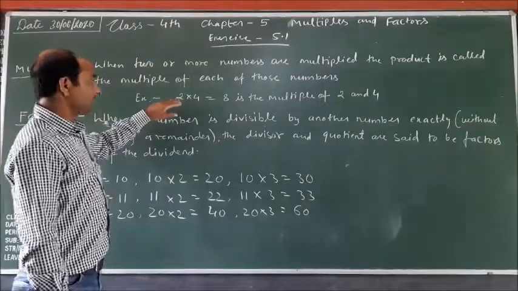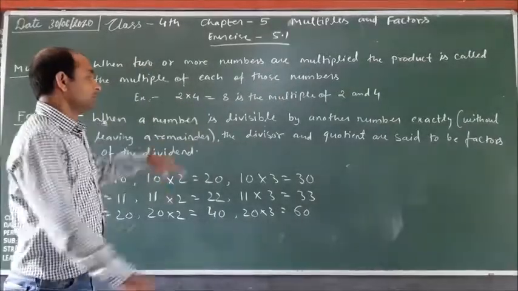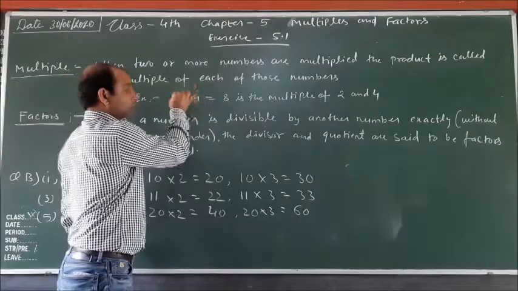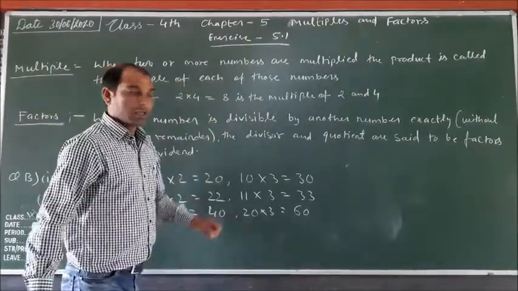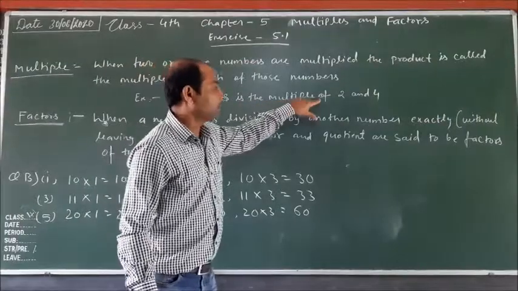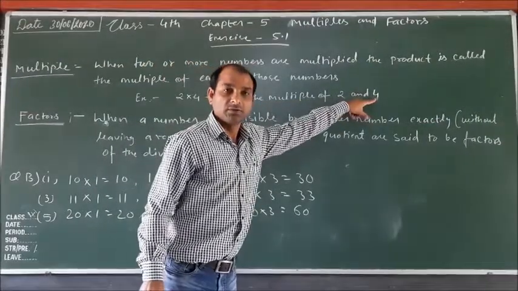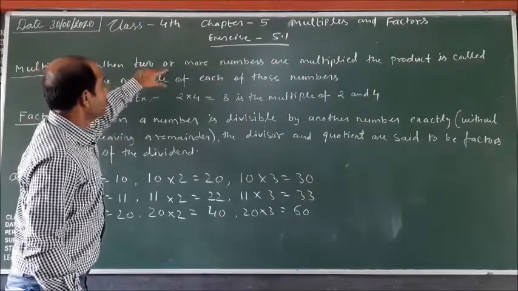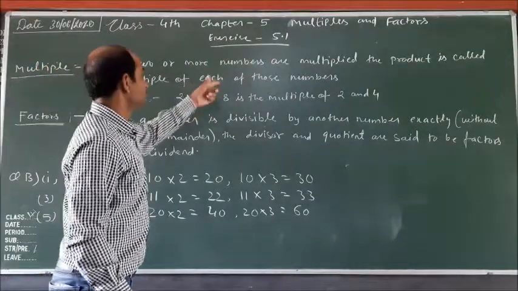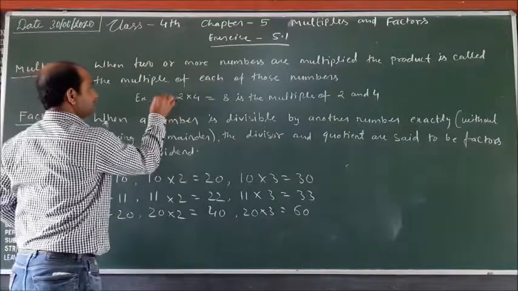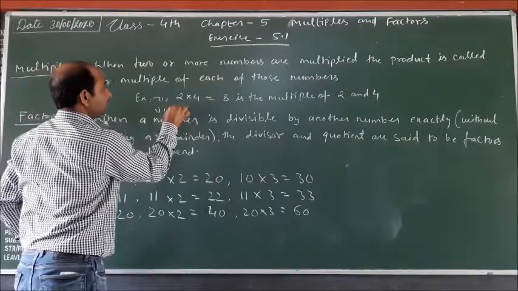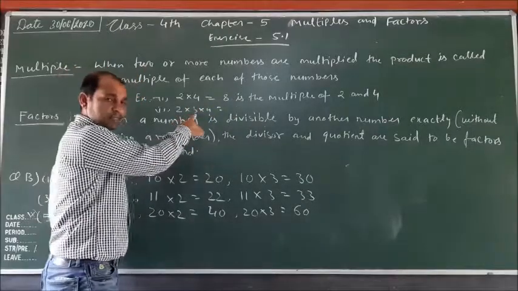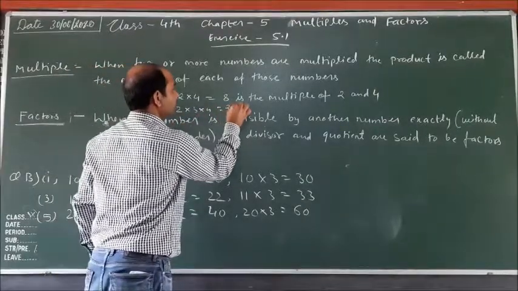For example, 2 multiplied by 4 equals 8. 8 is the multiple of 2 and 4. Here we see when two or more numbers are multiplied. For the second example, 2 into 3 into 4: 2 times 3 is 6, 6 times 4 is 24.